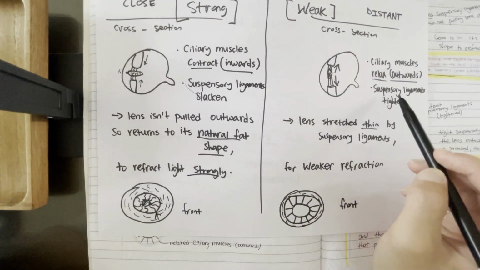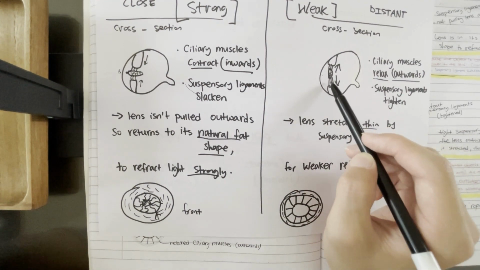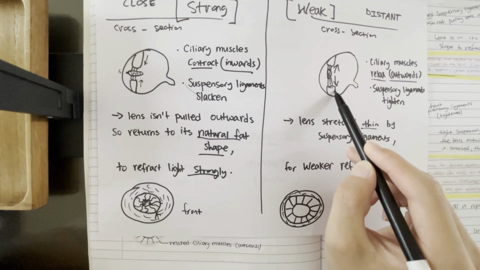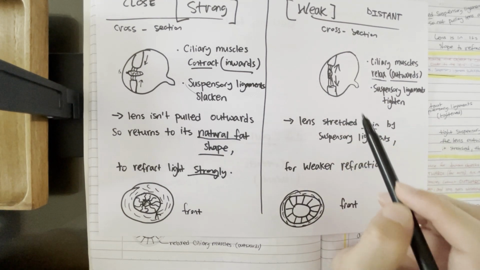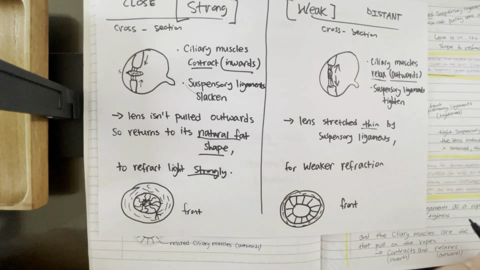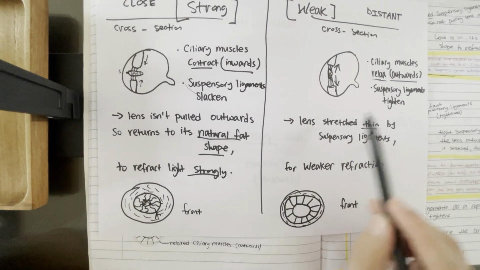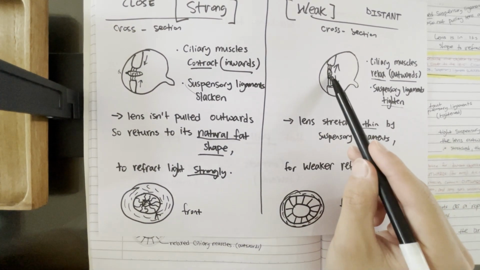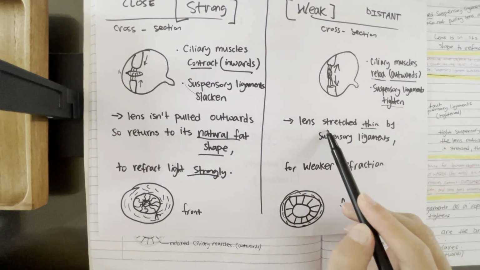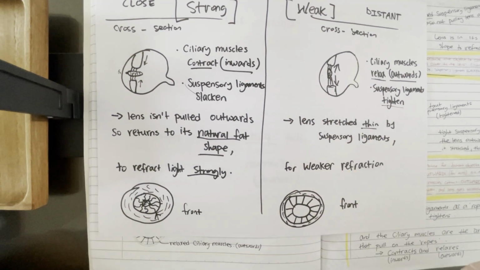That means the suspensory ligaments that are connected must also move outwards, and that means these suspensory ligaments have tightened. If these are tightened, then the lens is going to get pulled. It gets stretched thin by these suspensory ligaments, and this causes a weaker refraction.